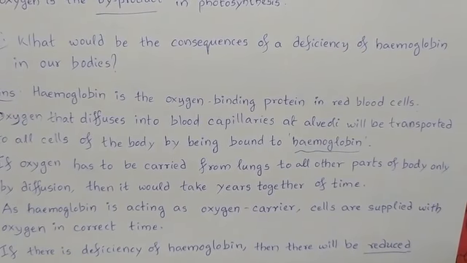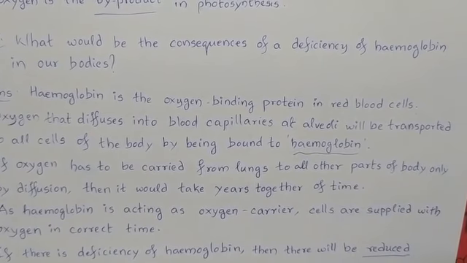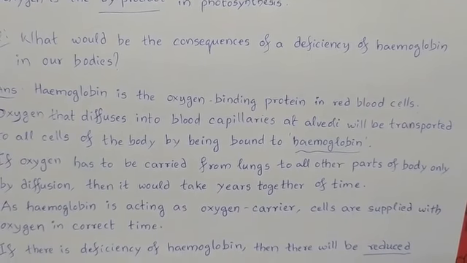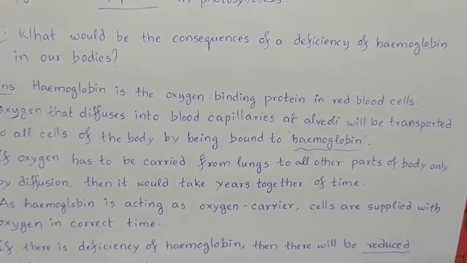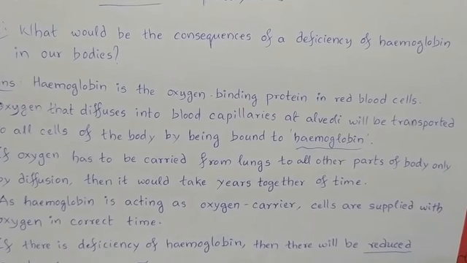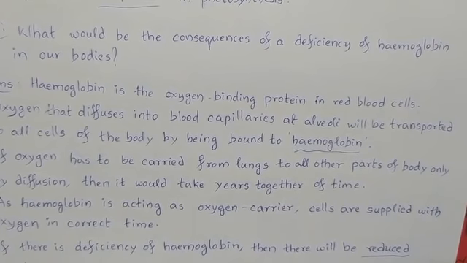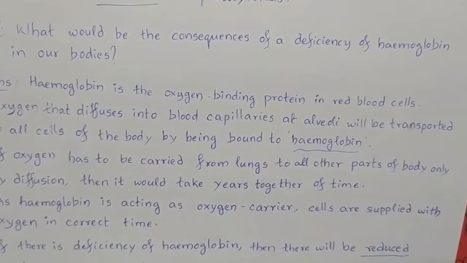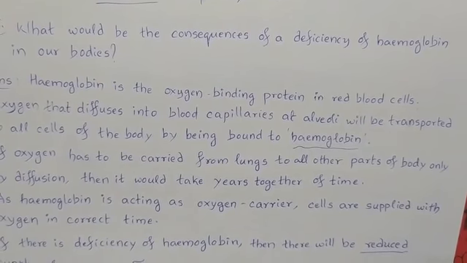If oxygen had to be carried from the lungs to all other parts of the body only by diffusion, it would take years. In your textbook it is given from the lungs to the toe of our body: if oxygen has to move only by diffusion, it takes about 3 years.